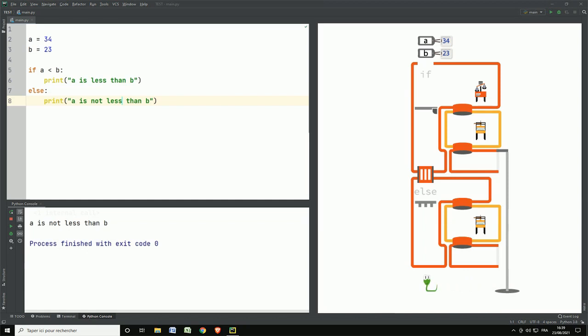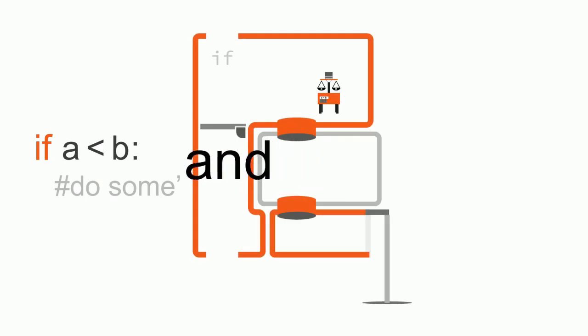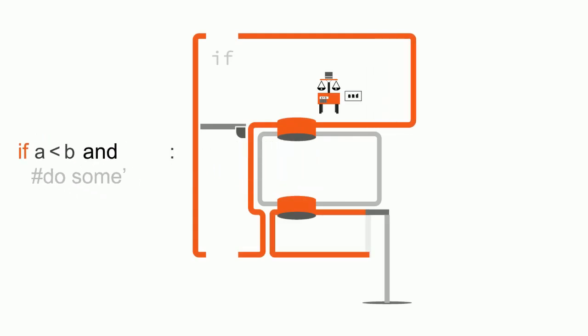Until now, we tested only one condition per block, but you can also test two or multiple conditions at the same time by using logical operators. In short, logical operators are used to combine conditional scales. Let's start with the AND operator. With the AND keyword, you can add as many conditions as you want.